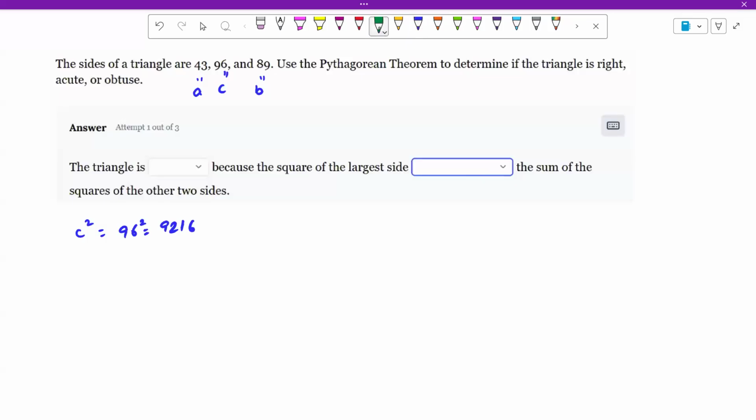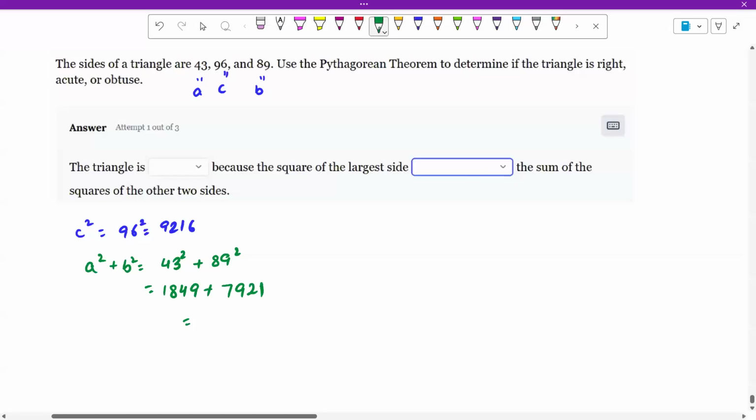What is 43 square? 43 squared is 1849. 89 squared is 7921. Great. Let's add it up. What do we get? We get 9770.